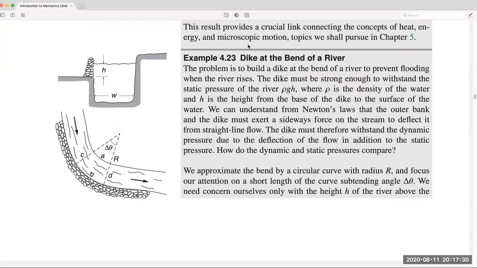Both pictures are describing the dike. One is the top view and one is the side view. Okay, yeah.